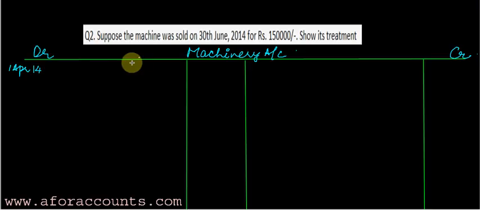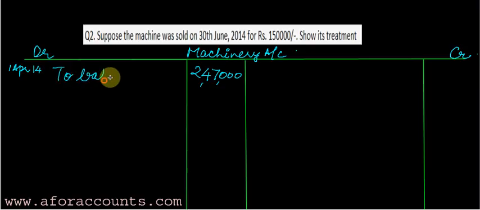So 1st April, the balance of the machine is 2,40,000. That I will show you how I am getting this. 2,47,000. That is on 1st April 2014.